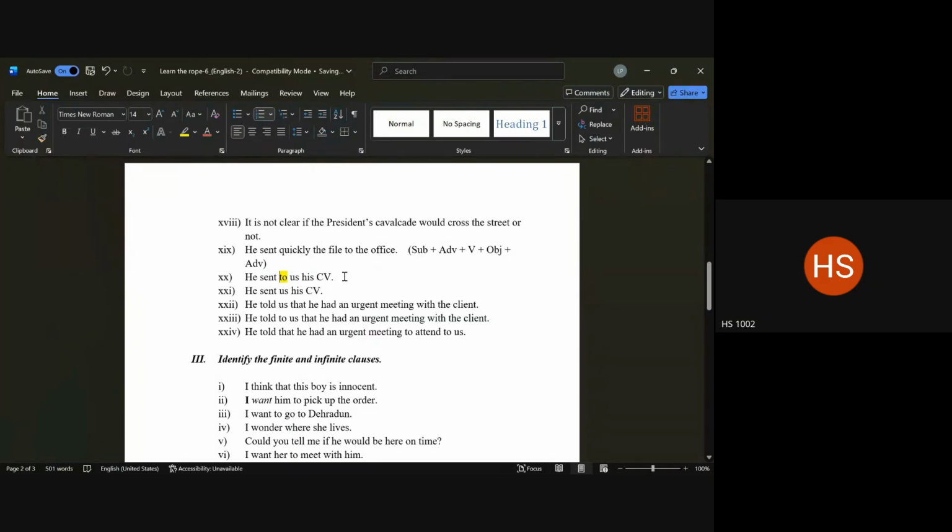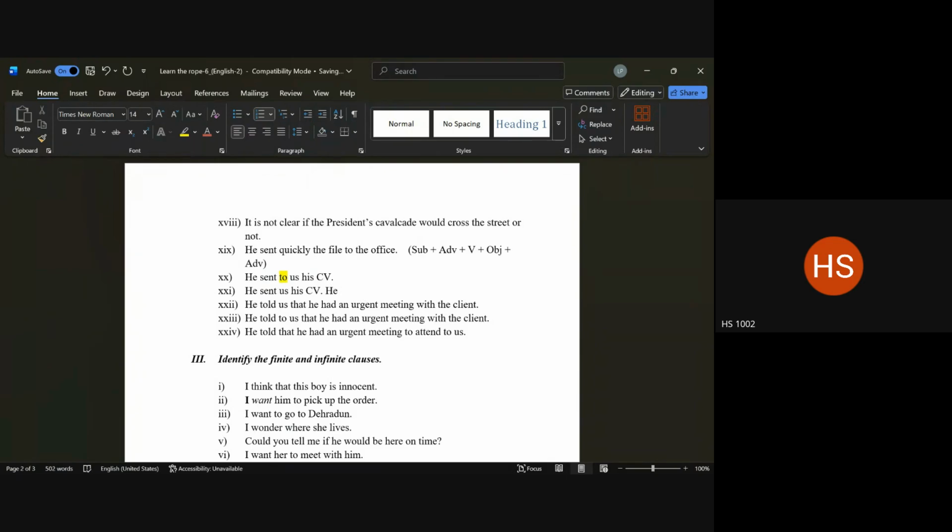When you put the direct object first, he sent his CV, this is the direct object, followed by the indirect. Then the indirect object will take a to: he sent his CV to us. Or alternatively, you can entirely omit the to, that is, he sent us his CV. Two versions to this. I'll write it down if you're making a note.